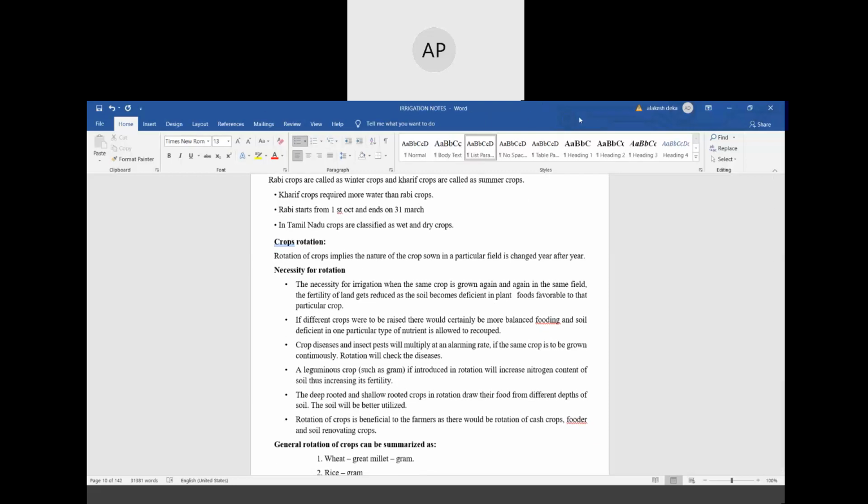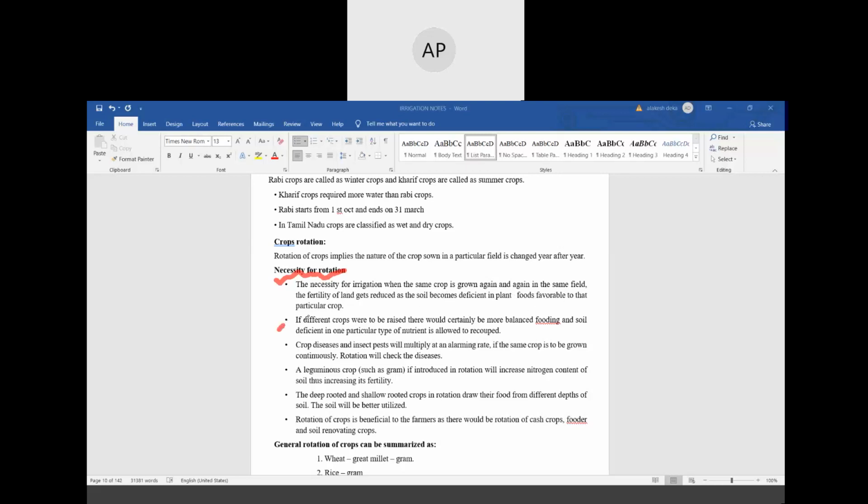Why is it important? The necessity for rotation: when the same crop is grown again and again in the same field, the fertility of land gets reduced as the soil becomes deficient in plant foods favorable to that particular crop.